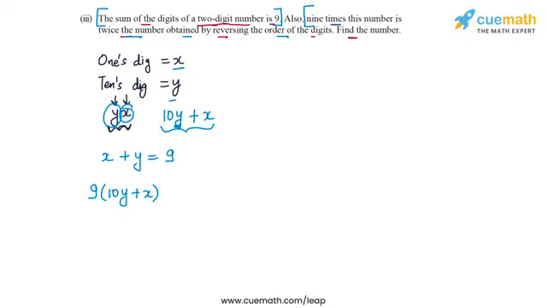digits. Now the reverse number will look like xy when written in standard form, and the numerical value of the reverse number will be 10x plus y, because in the reversed number the digit at the tens place is x and not y. So we have 10x and then we have the ones digit, which is y.